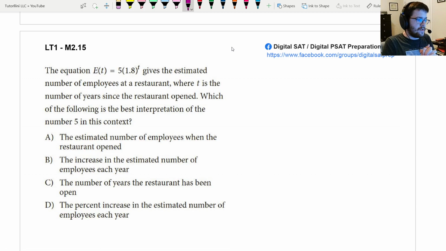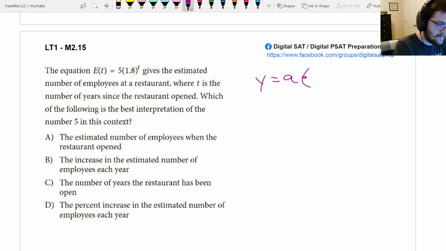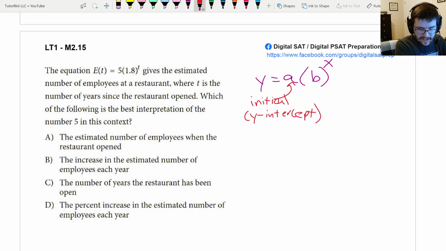Okay, great. So whenever we have a times b to the x, a is your initial value, or your y-intercept. As long as it looks exactly like this, a times b to the x, which this one does, right?